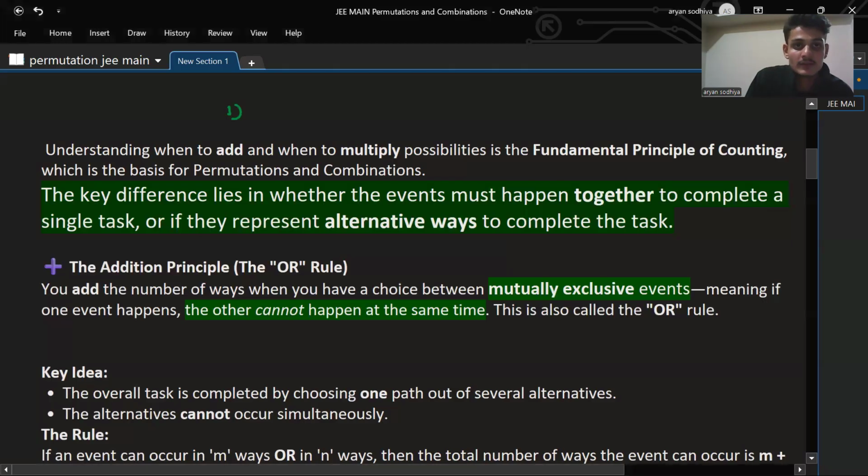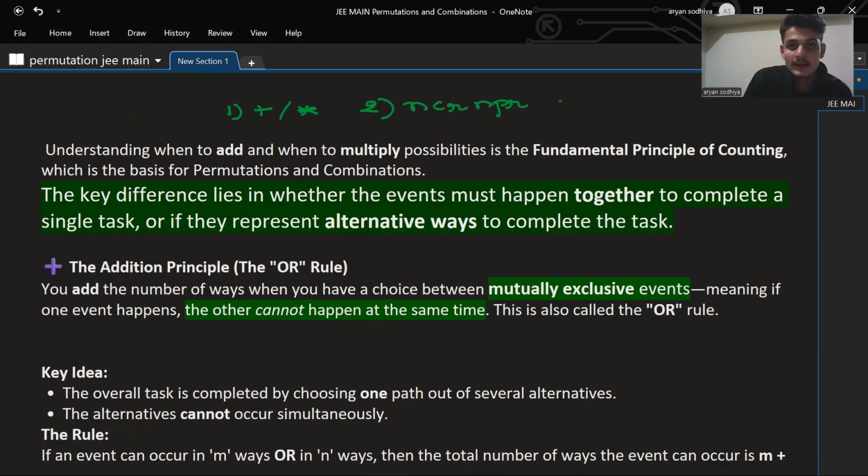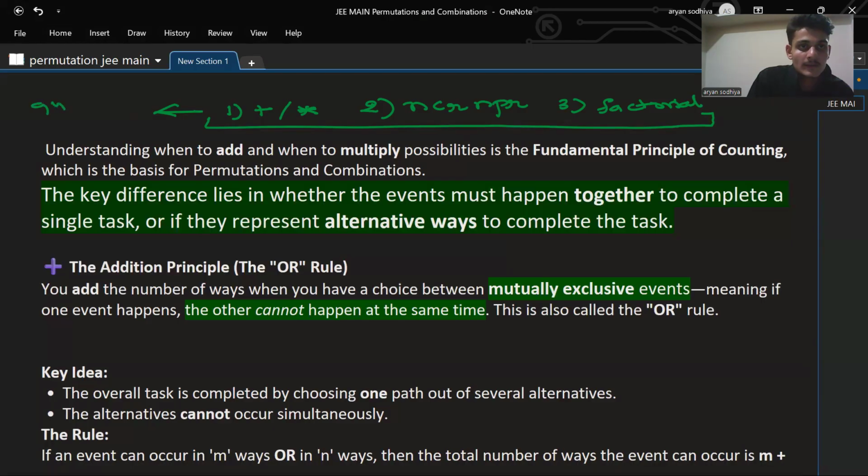So three concepts. First concept is the principle of addition and multiplication. Second concept is nCr and nPr, and third concept is factorial. You will encounter these three concepts again and again when you go through the questions of P and C or probability.